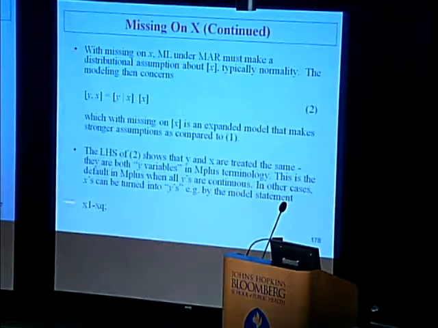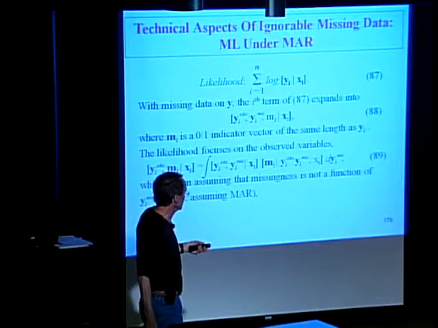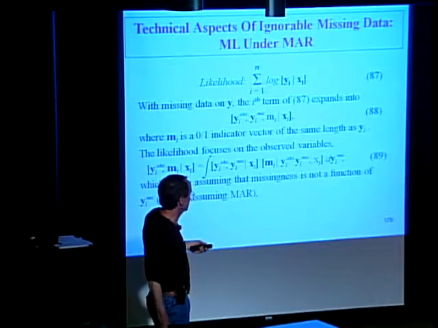And we will make the normality assumption on X, which is often the assumption made when you work with multiple imputation. It's not innocuous, but it's certainly not non-standard either. So missingness on X can be handled in this simple fashion in the maximum likelihood framework.